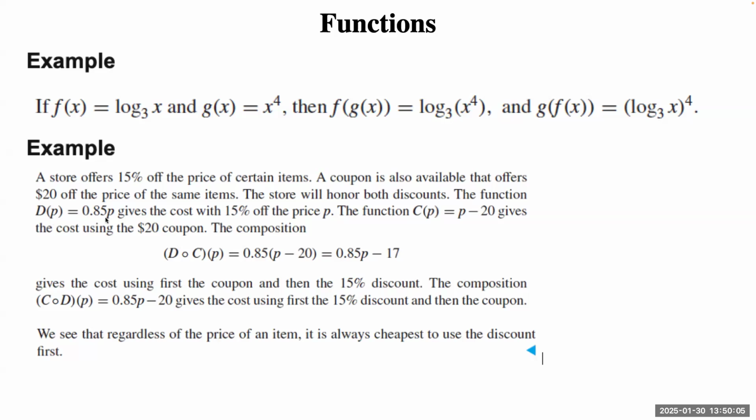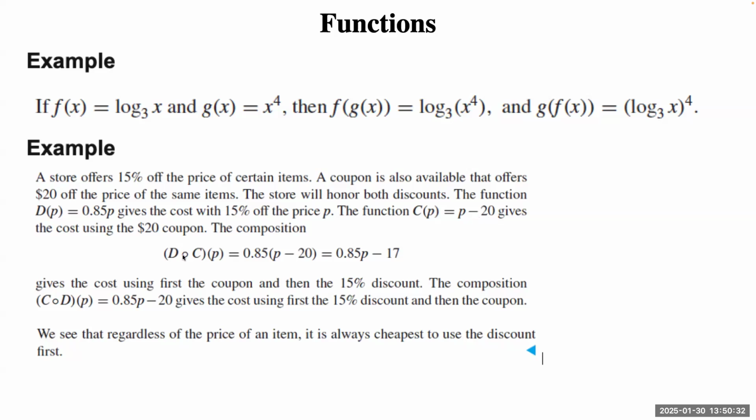If I just plug in the price, I'm paying 85% of the price because of the 15% off sale. The function C of p is p minus 20, just the price minus $20. There's no percentage, it's just $20. That's the cost of using the $20 coupon.